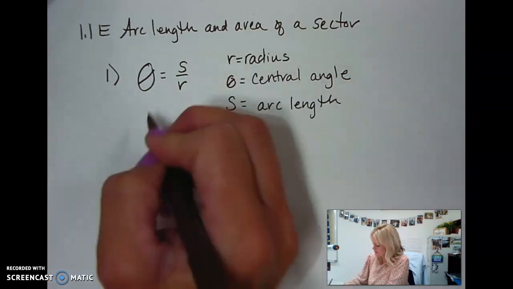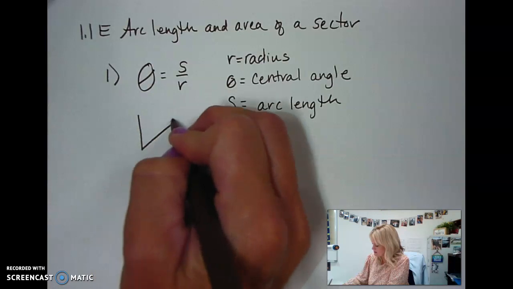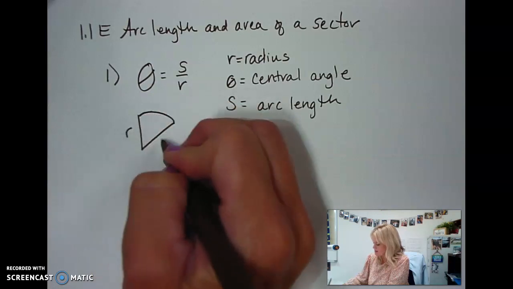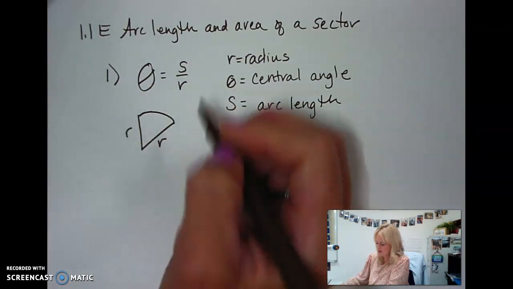So if we have a picture like this, obviously our radius is going to be the same on both sides.